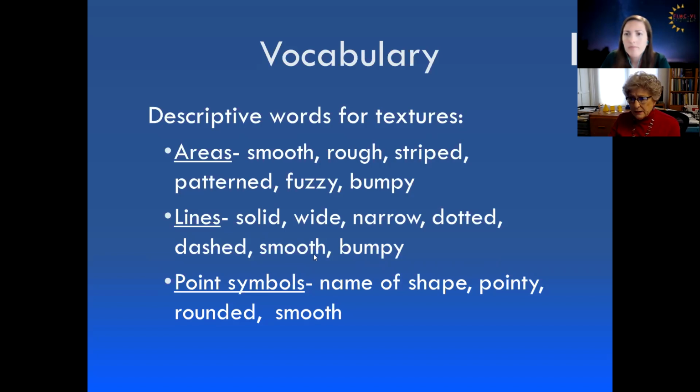The lines that they're going to be seeing and hopefully following: solid, wide, narrow, dotted, dashed, smooth, bumpy, whatever kinds of words that will help describe and help your reader begin to understand what they're looking at is what we need to make sure is infused in their vocabulary.